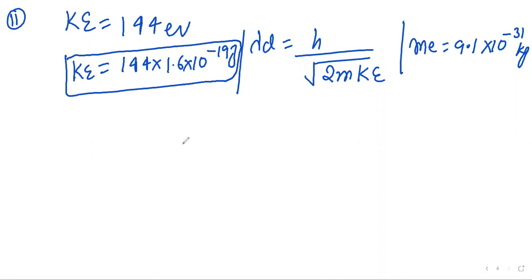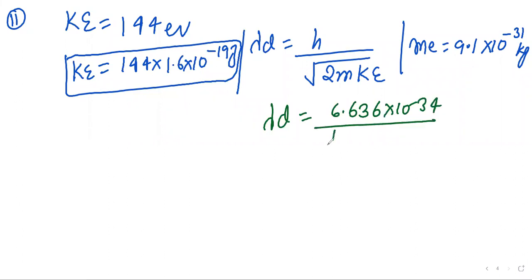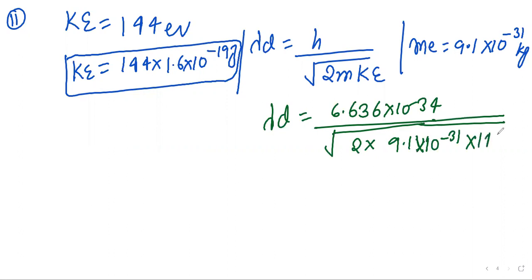So lambda D you can find. h is the Planck constant, that is 6.63 into 10 raised to minus 34, divided by under root of 2m, where m is 9.1 into 10 raised to minus 31, and the kinetic energy is 144 into 1.6 into 10 raised to minus 19.